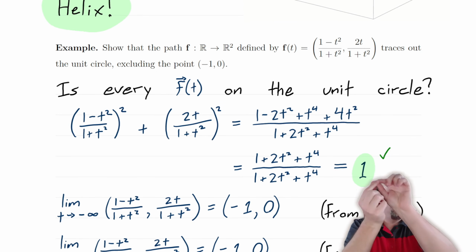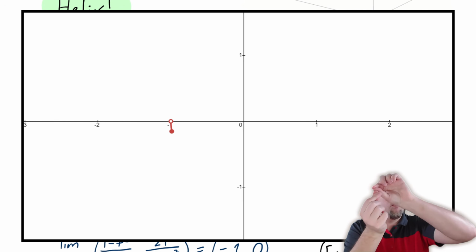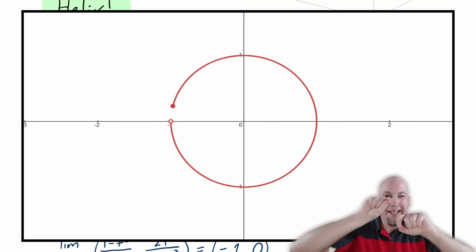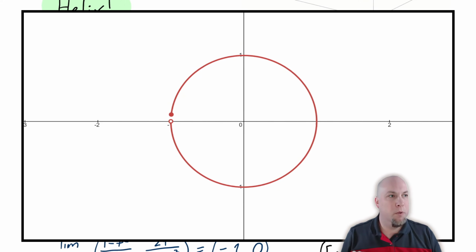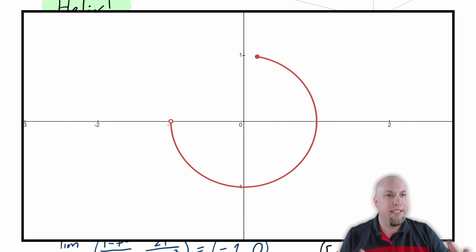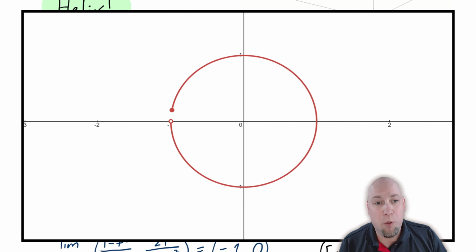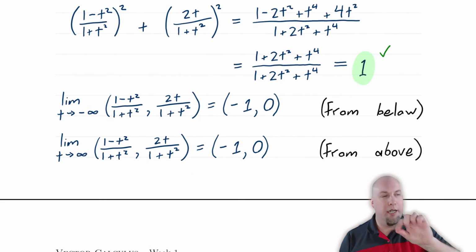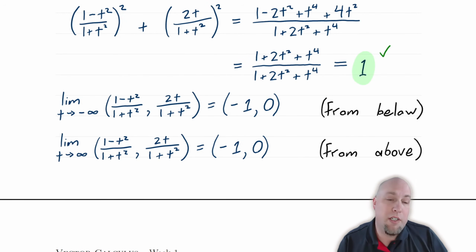The only way to do that is to go all the way through the entire rest of the unit circle. So I really do get the whole unit circle except for that leftmost limit point. Continuity lets us stitch together the two endpoint behaviors and see that we really do get all of those other points. It's kind of like an intermediate value theorem sort of argument. It's got to go through all of those other points because of continuity.